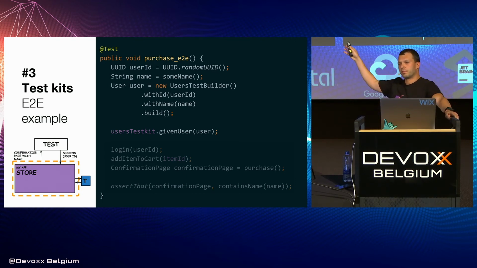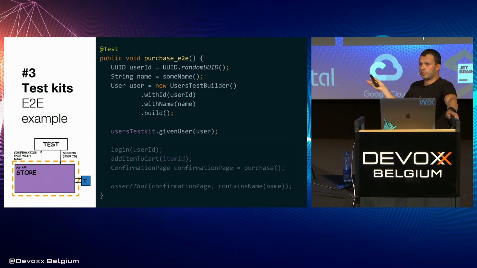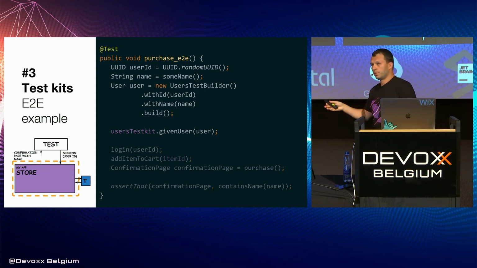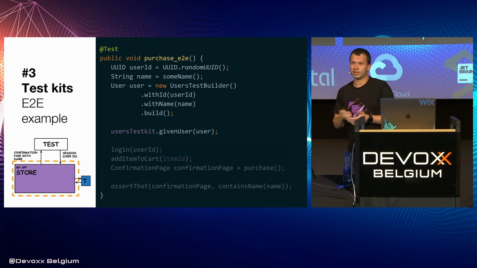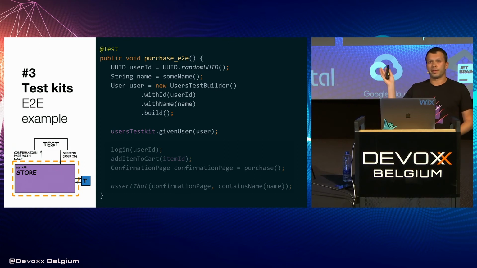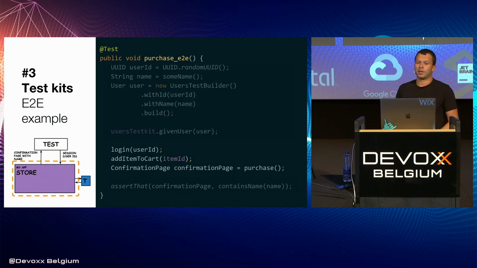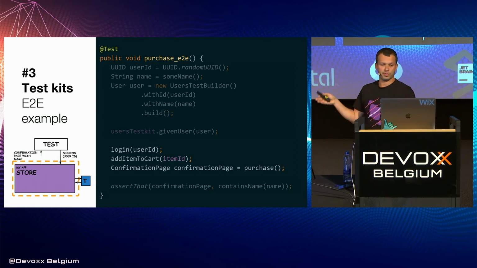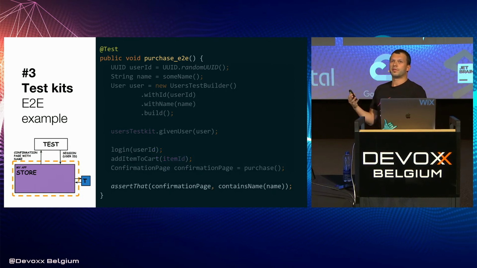It might have like 50 fields here. But if you don't set any field, it will just be a default. And if we add a field, it will be added automatically in this approach, but in the test doubles, it will just not be there. So we set up the test kit, and then the same way, we execute our code, and we assert that the name is in the confirmation page.